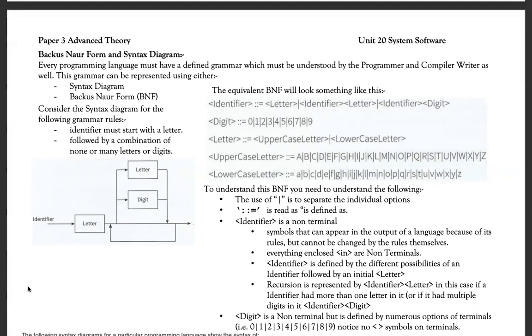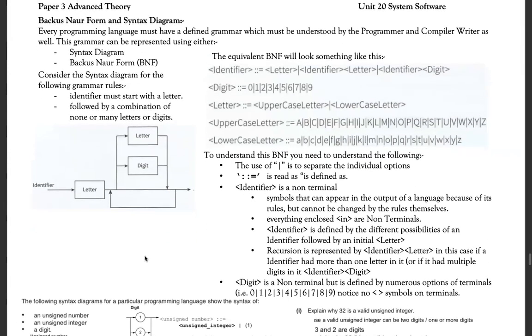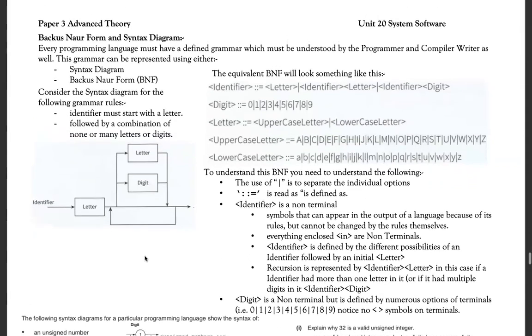In the previous lecture, we were discussing the Backus-Naur form, and we just saw a few introductory notes regarding this. Basically, Backus-Naur form and the syntax diagram are a way of representing the syntax of a language. And as we know, syntax is basically the rules that relate to a programming language.